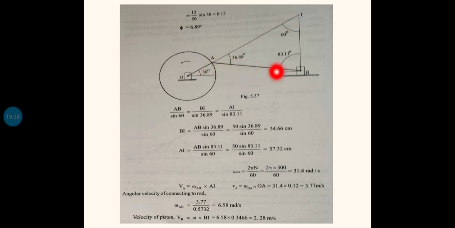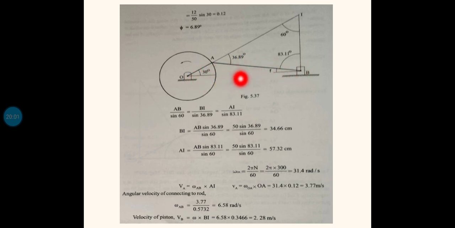In this case AB is the considering link, and this link is purely rotating about the instantaneous center I, that is the meaning of instantaneous center, and IA is the radius of rotation. So VA equals omega AB into IA. Remember, omega AB is not equal to omega OA. Omega OA is different, omega AB is different, since these are two links.